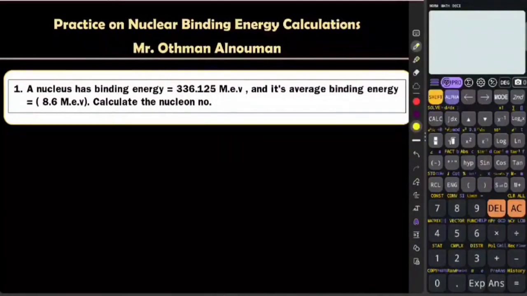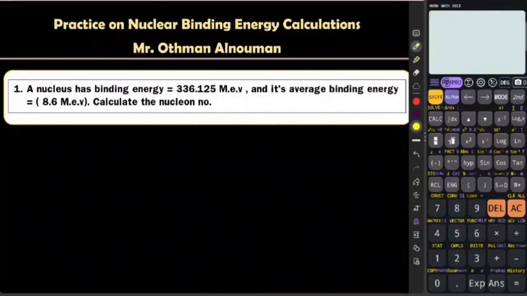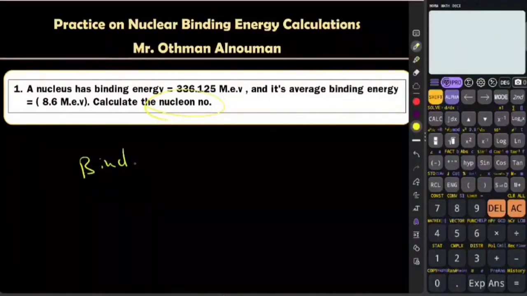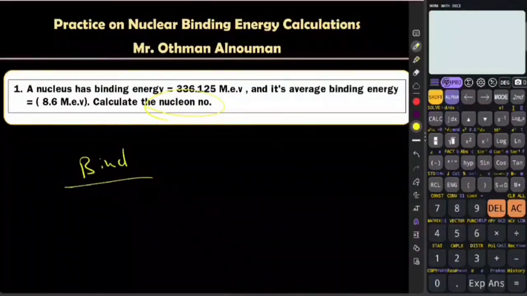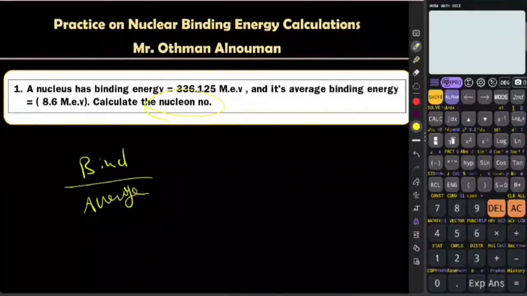The first question says a nucleus has binding energy 336.125 million electron volt and its average binding energy is 8.6 million electron volt. Calculate the nucleon number. To calculate the nucleon number, we are going to divide the binding energy over the average binding energy.